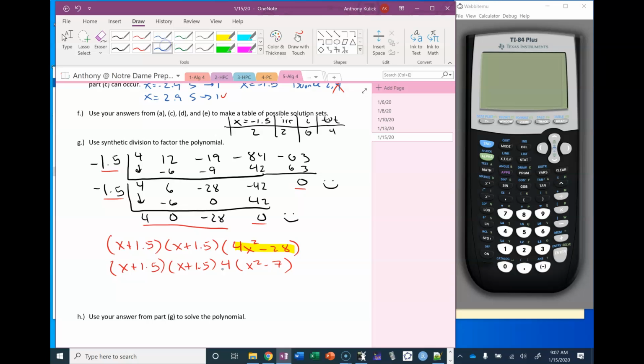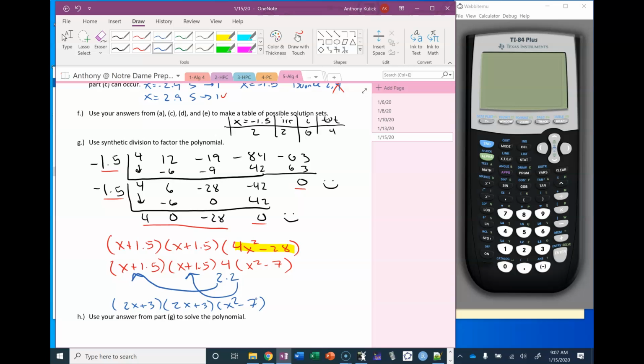And 4 is really the same thing as 2 times 2. Everybody agree with that? So I can multiply one of those 2's into there and one of those 2's into there. And that'll clean up those weird looking factors so that everything has integers now.